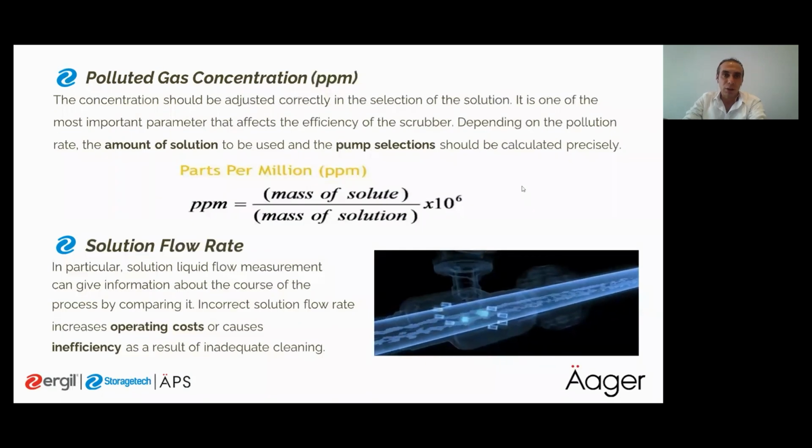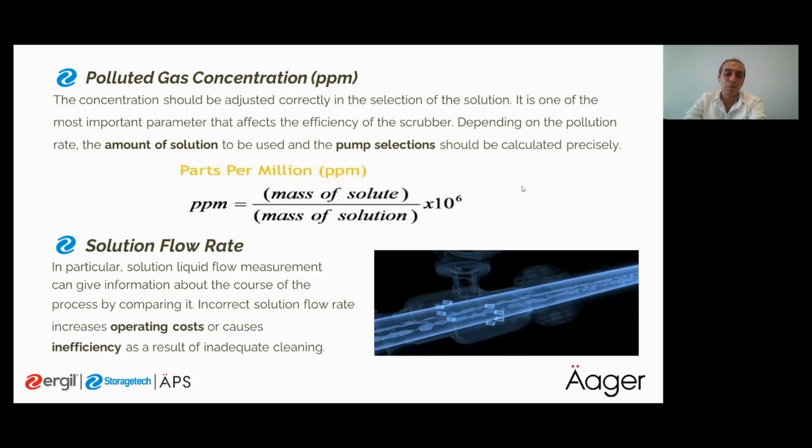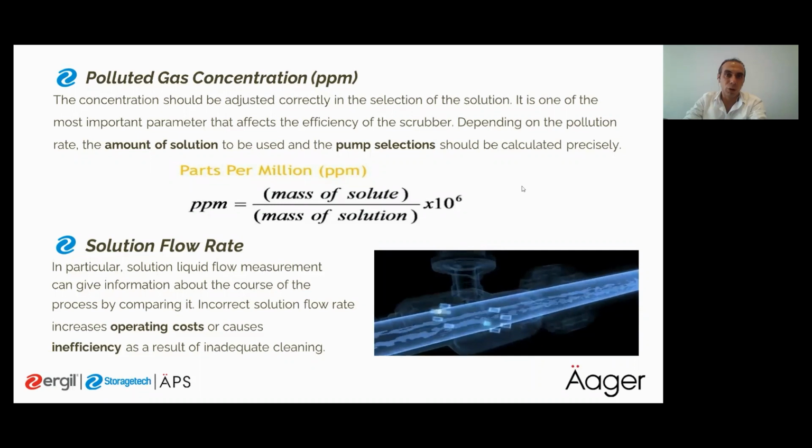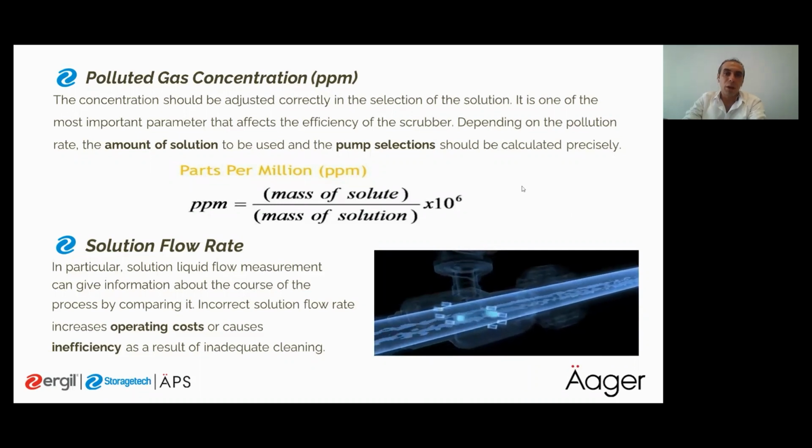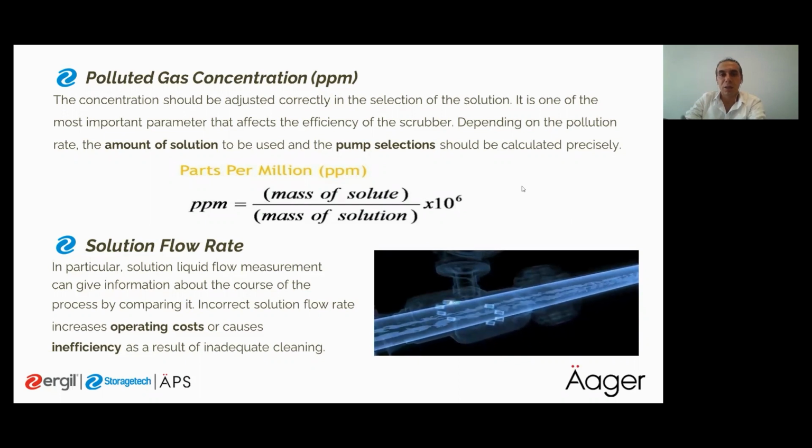The concentration, according to the pollutant, the waste gas concentration, the unit is ppm. It changes your pump selection, pump power, and the solvent usage time.